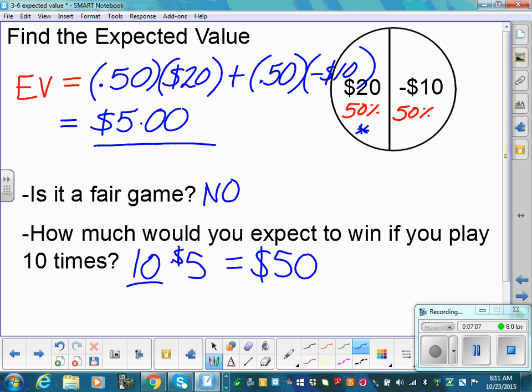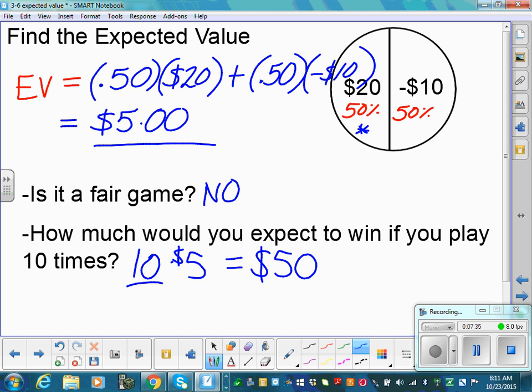If we sit and play quite a few times, we can expect to win an average of around $5. That's why it's hard for students to grasp, because sometimes you're going to land on negative 10, and then you're in debt. This was 10 times.